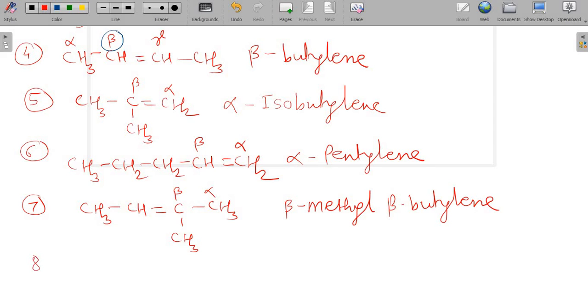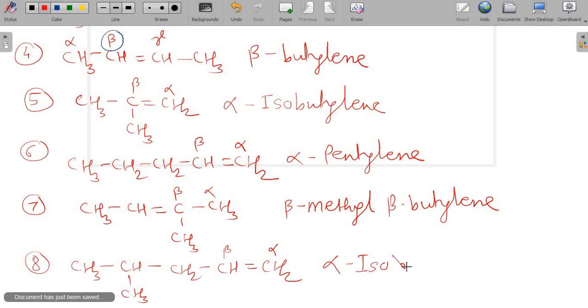If I want to draw the iso structure, this is CH3, CH, CH3, CH2, CH double bond, CH. There are total 1, 2, 3, 4, 5, 6 carbon atoms. The position of this double bond is alpha. That's why it is alpha isohexylene.